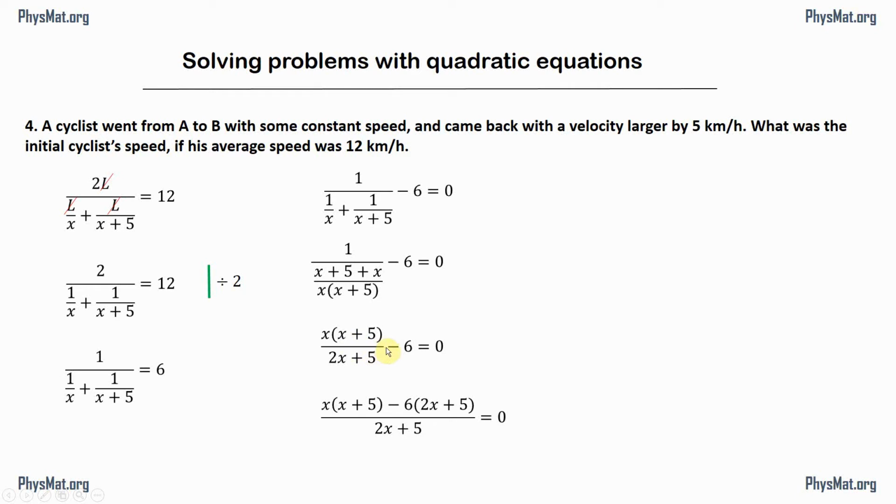So we still need to subtract 6 from this. We do cross multiplication again, 6 times 2x plus 5, then we have a common denominator 2x plus 5, and we open brackets here.